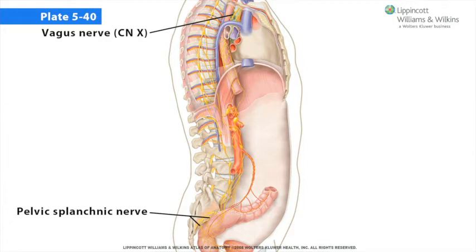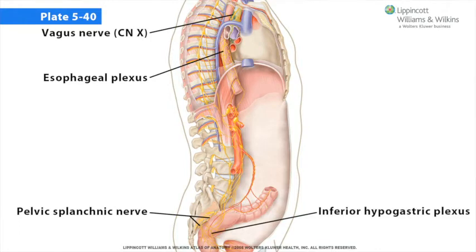The right and left vagus nerves branch to form the esophageal plexus in the thorax that gives rise to the anterior and posterior vagal trunks. The vagal trunks enter the abdomen through the esophageal hiatus with the esophagus. The pelvic splanchnic nerves branch from the ventral rami of the sacral spinal nerves in the pelvis and enter the inferior hypogastric plexus, which will be discussed in the Solid Anatomy lectures on the pelvis.